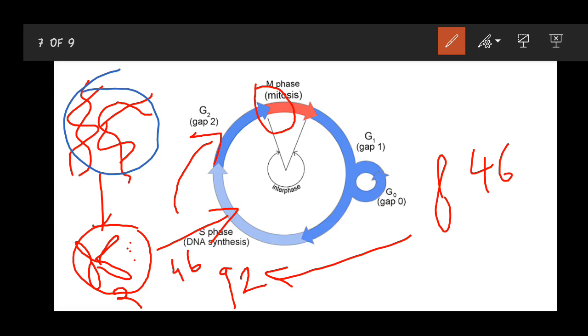So these two are sister chromatids. That means they are clones or exact copies of each other, one looking like the mirror image of the other. They are the same, ditto of one another, and these two are usually referred to as sister chromatids.